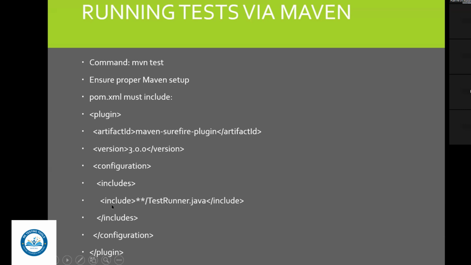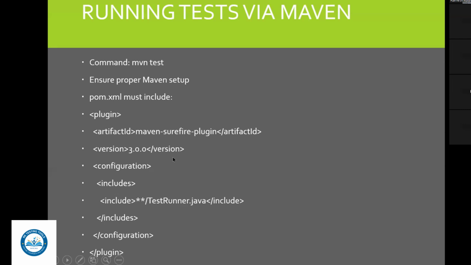Under the configuration, include **/TestRunner.java. Double star is nothing but anything before the test runner, located in the project. It can be CucumberTestRunner or something, we can give a partial name. So **/TestRunner.java, we have to give this.